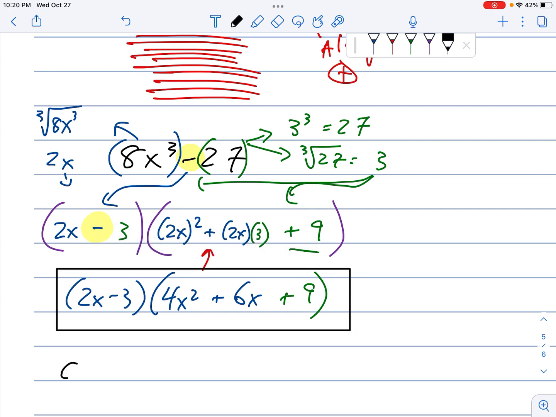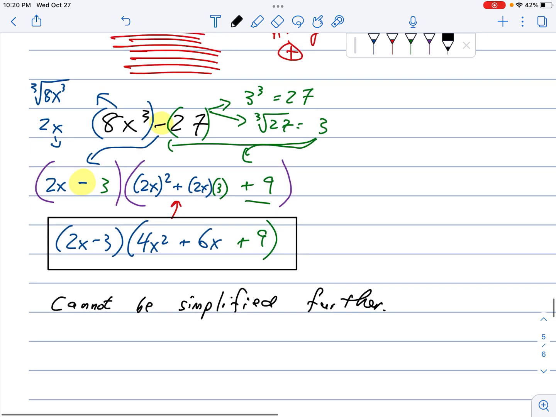It's not worth trying right now, but this cannot be simplified further. Eventually we'll be able to graph it and take a look at it, because this could lead to imaginary roots, which again, we still don't know how to do.